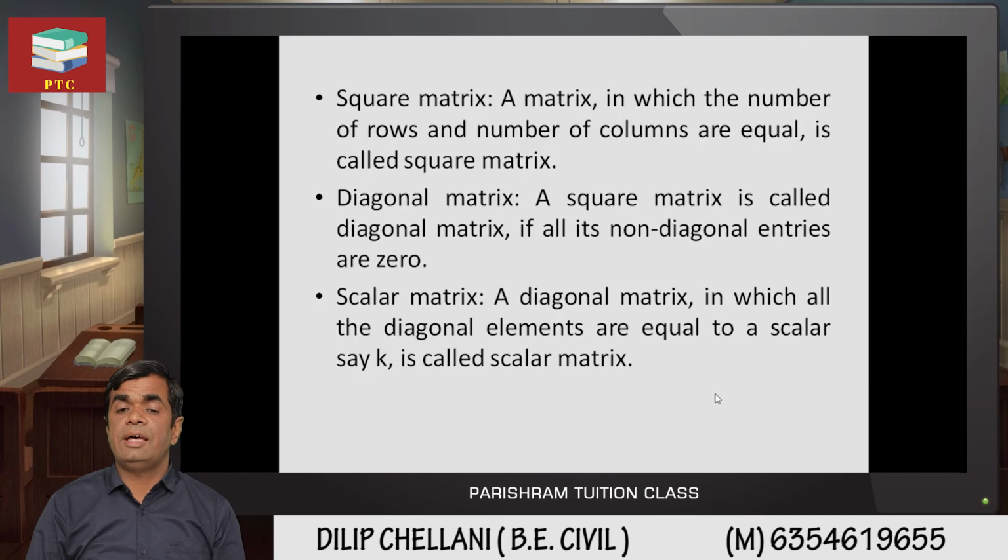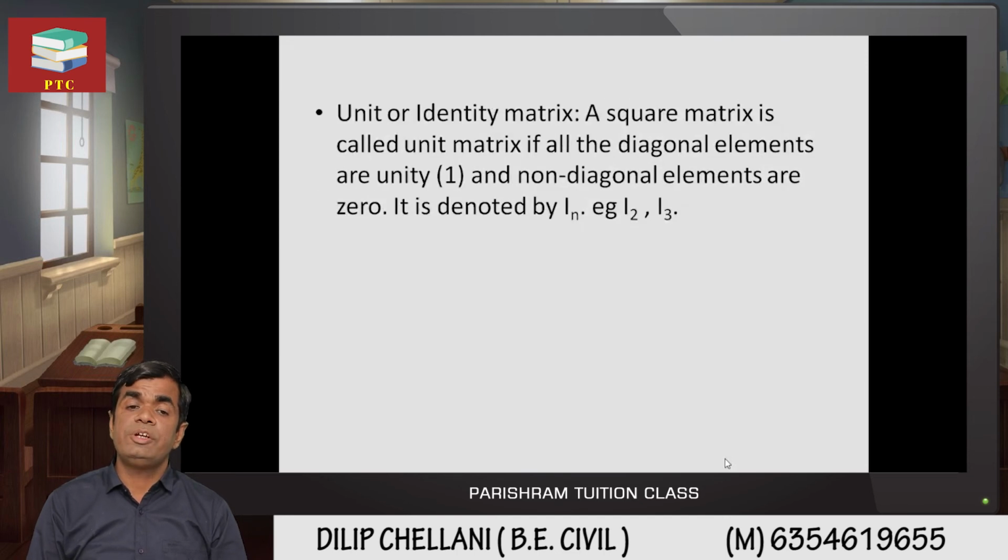Scalar matrix, a diagonal matrix in which all the diagonal elements are equal to some scalar k, is called scalar matrix. Unit matrix or identity matrix. A square matrix is called unit matrix if all the diagonal elements are unity and non-diagonal elements are 0.